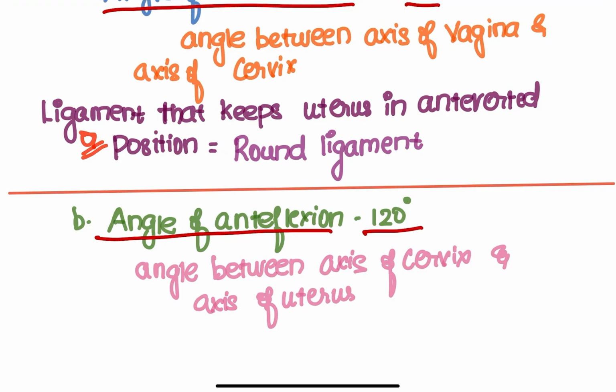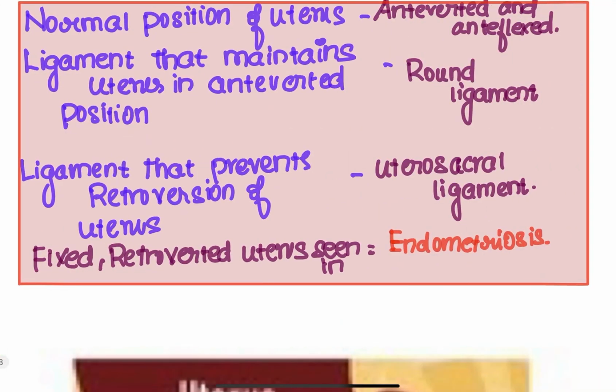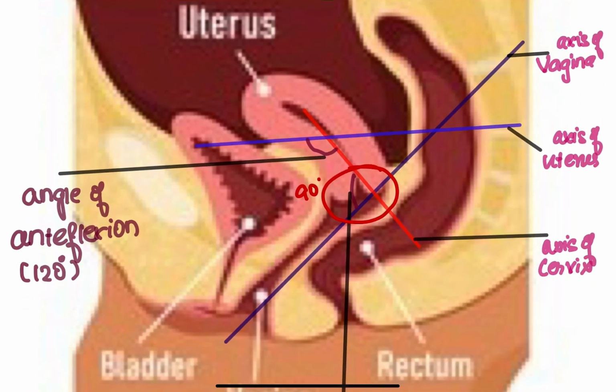Yes. Now, what is the angle of anteflexion? The angle of anteflexion is 120 degrees and it is the angle made between the axis of the cervix and the axis of the uterus. Let me show you here.